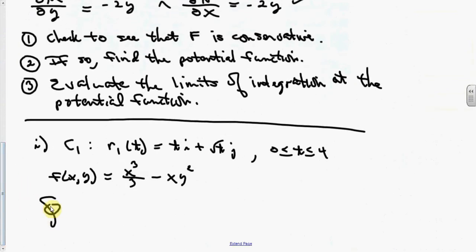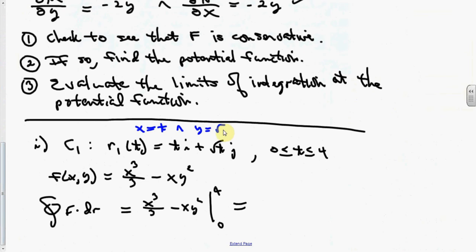So this line integral of F dot dr is equal to x to the third over 3 minus xy squared, evaluated from 0 to 4. But that's with respect to t, so I'm going to convert this f of x, y to a function of t. x is equal to t, and y is equal to the square root of t.